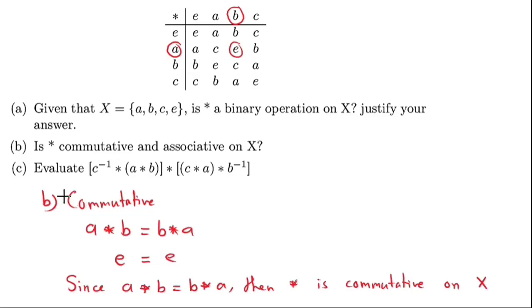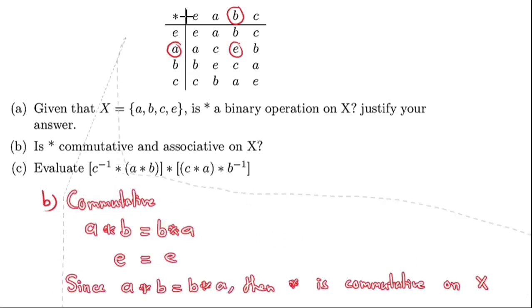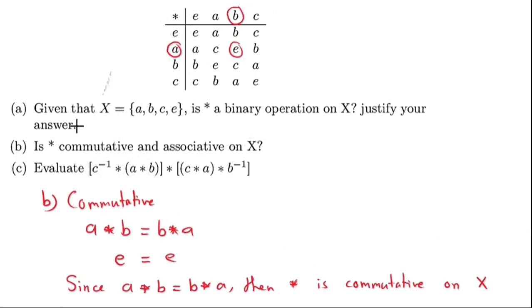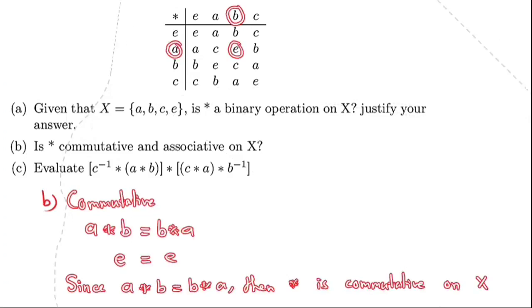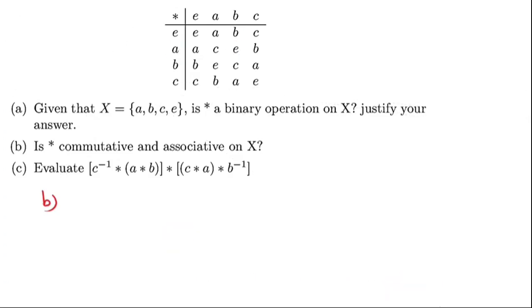Right, we're still on the same question. This time around, let's test for associativity. For a set to be associative, this must hold: a star (b star c) must be equal to (a star b) star c. This must hold.